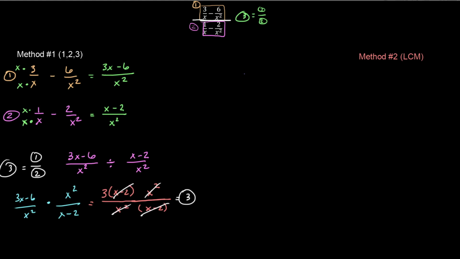All right. Now, the second method is a little bit different. It follows much more this idea of the least common multiple. So if I rewrite this slightly, 3 over x minus 6 over x squared, over 1 over x minus 2 over x squared, this particular method actually performs better if you leave it in complex fraction format.